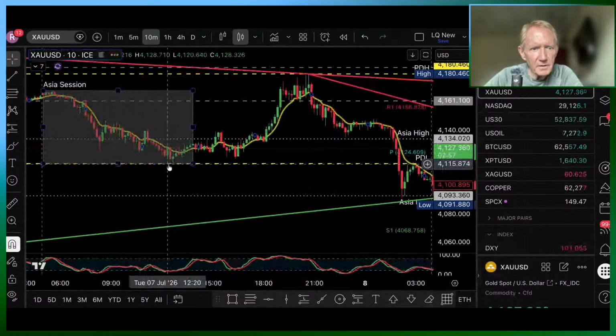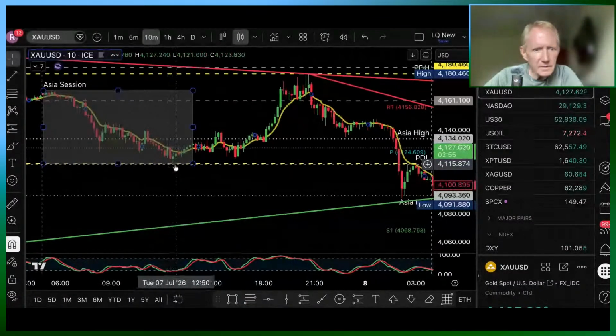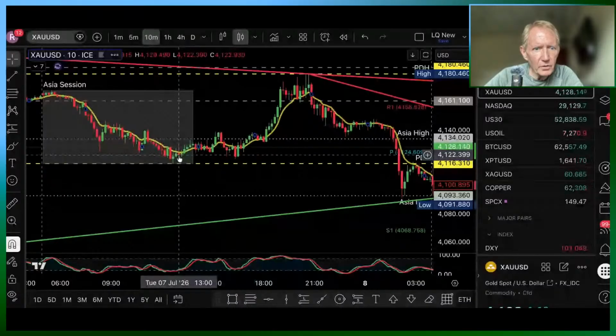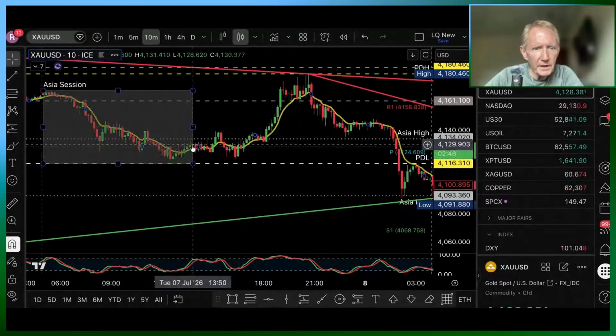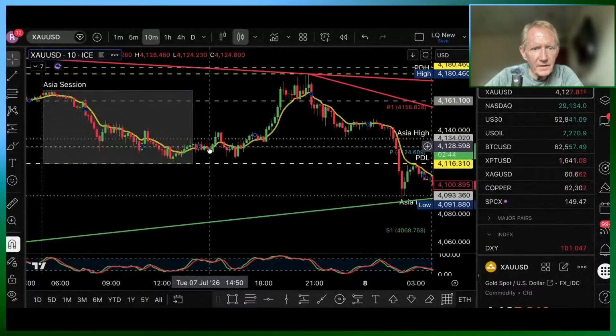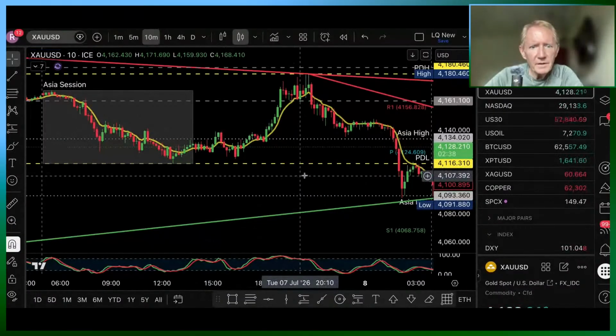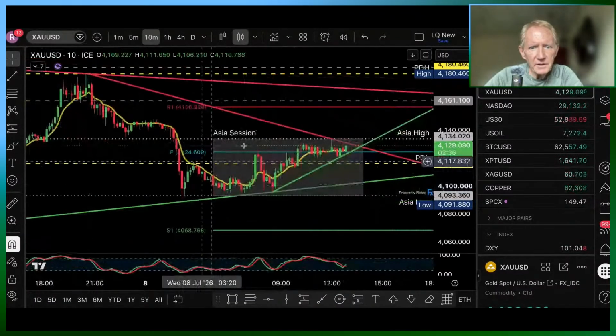Yesterday, 12:30. Right there is the opening of the Europe session. They moved up a little bit, not much, and then went sideways. And then London opened, and they pushed it up some more. So Europe might not do anything today.